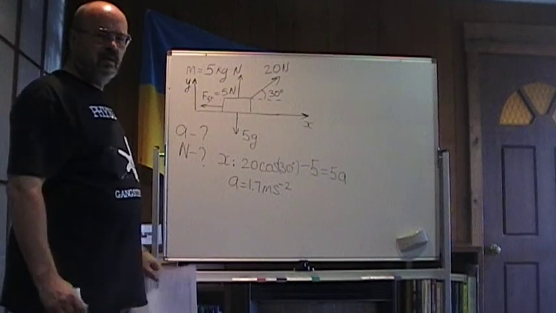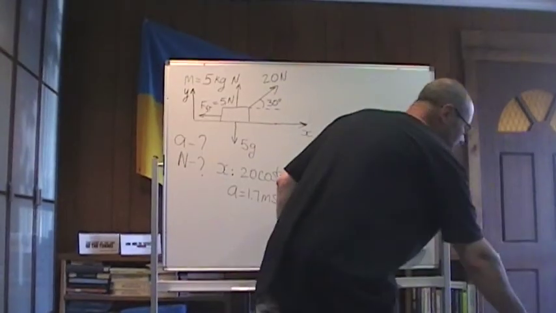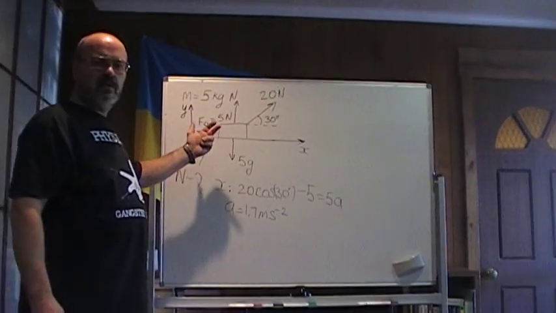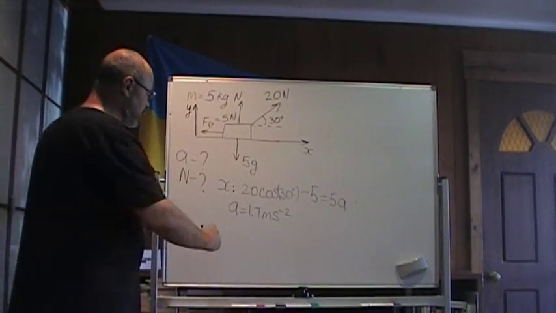To find the normal reaction, let's write down the second Newton's law in the resolution into the vertical axis.